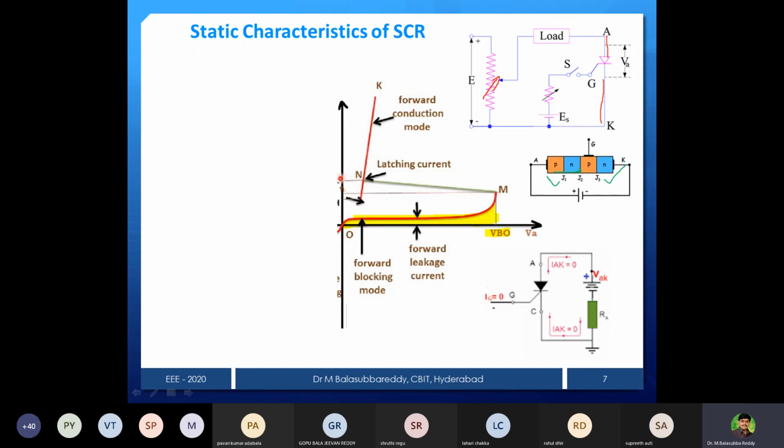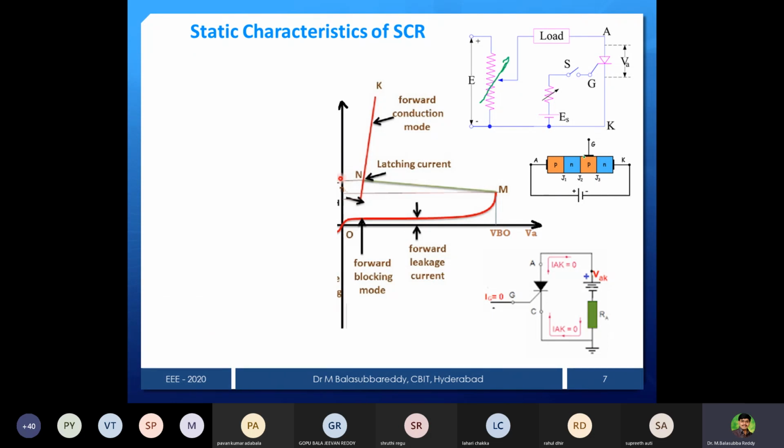Next mode: I am further increasing the voltage beyond the breakover, which I explained for mode 1 operation. Mode 2 operation, or the second region, I call the forward conduction region. What is the forward conduction region? Now increase the anode to cathode voltage through the potential divider by varying this rheostat.